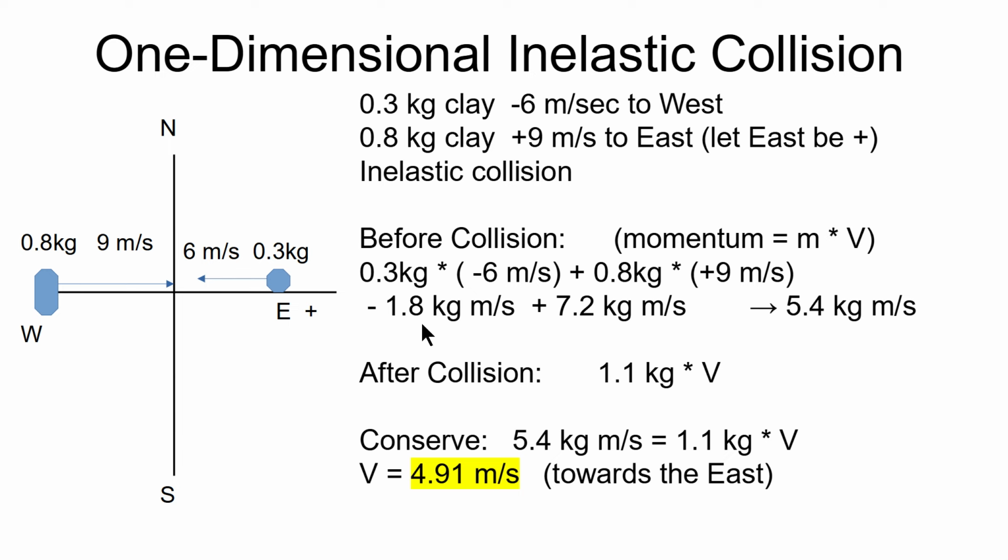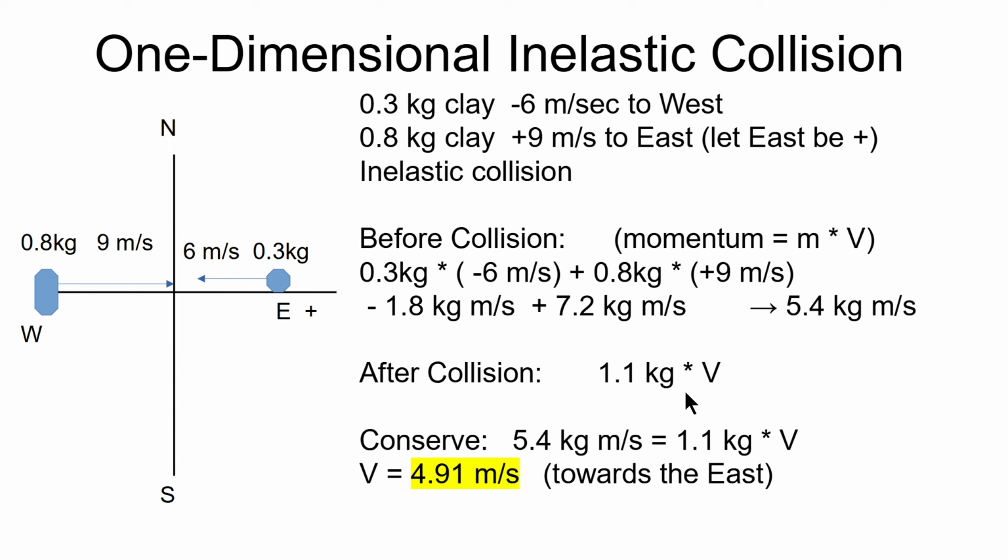Its momentum is a negative quantity. Momentum is a vector. It can be positive or negative. And the 0.8 kilograms gives us 7.2 kilogram meters per second for its momentum, positive. The net of these two, the momentum of the system of the two objects, is 5.4 kilogram meters per second.